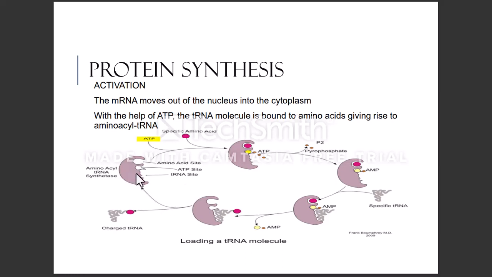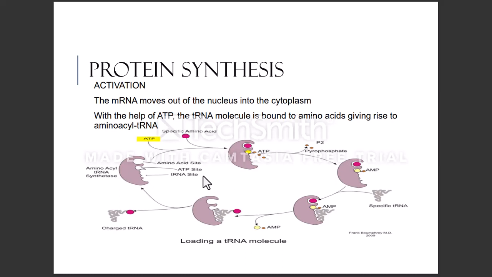So there is this enzyme that we call aminoacyl transfer RNA synthetase, which is responsible for catalyzing this reaction. With energy from ATP, it binds to some specific amino acid, or it uses some specific amino acid as substrate.